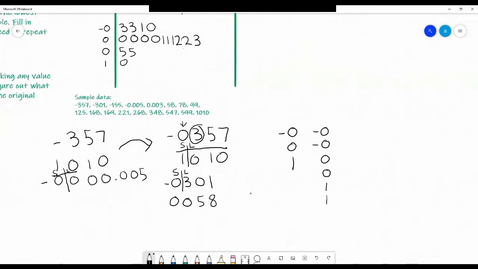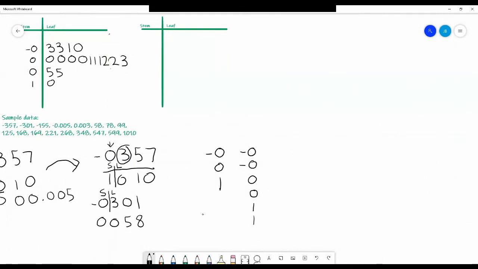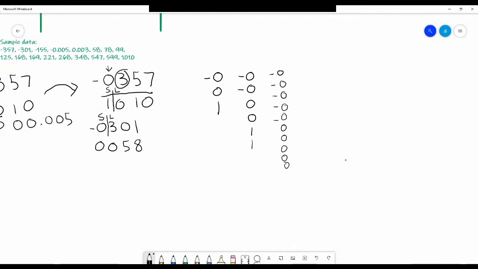Let's see what would have been the right thing to do, repeating 5 times. That's our only option left after all. So we're going to repeat 5 times, making a total of 15 stems. But as you can see, after we fill in the leaves, we're going to have to remove some of the empty ones.